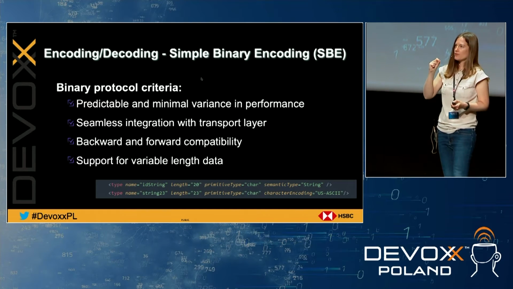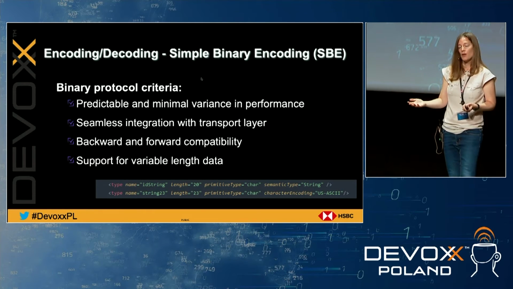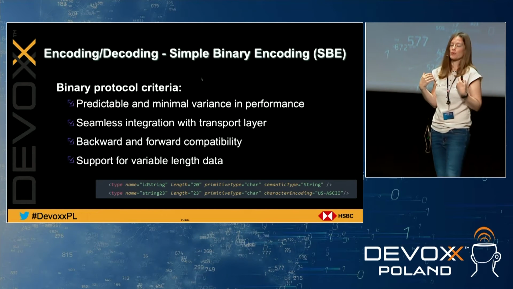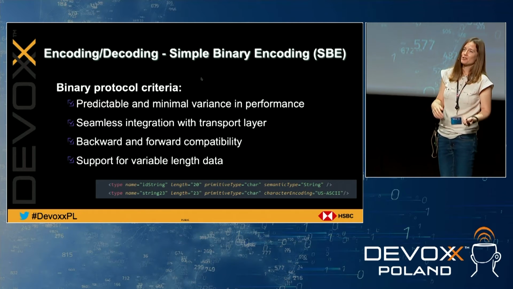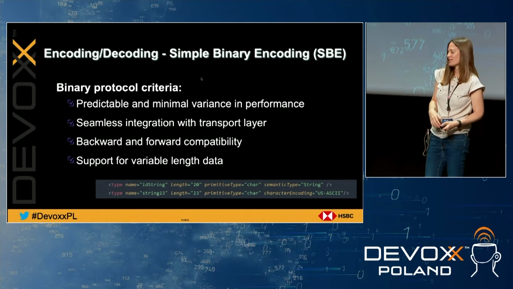We evaluated a few different choices. In particular, SBE, simple binary encoding, which we ultimately chose. Also Chronicle Wire. We also evaluated what it would involve to write our own custom binary protocol. In the end, we decided not to write our own, because if you do that, then your developers have to learn and understand your own custom protocol, which is only used at HSBC. So it's not great.